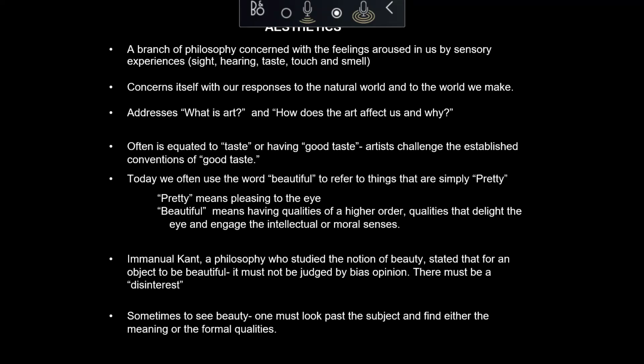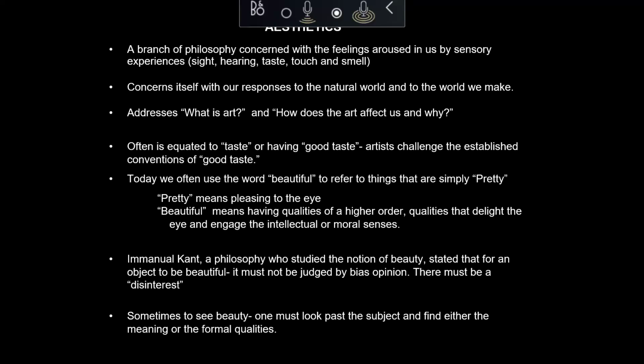He stated that in order for an object to be truly beautiful, this highest state has an intellectual response that gives us pleasure, it simply must have a disinterest to it without any biased opinion. Okay, so the minute that somebody says this is beautiful, they're claiming it because of how they respond to it, but they don't have the right to look at you and judge you and state whether or not you are pretty or beautiful or whatever, because Immanuel Kant is already stating that the fact that you already exist without any biased opinion, without any kind of judgment placed on you, you are already at the state of beauty.